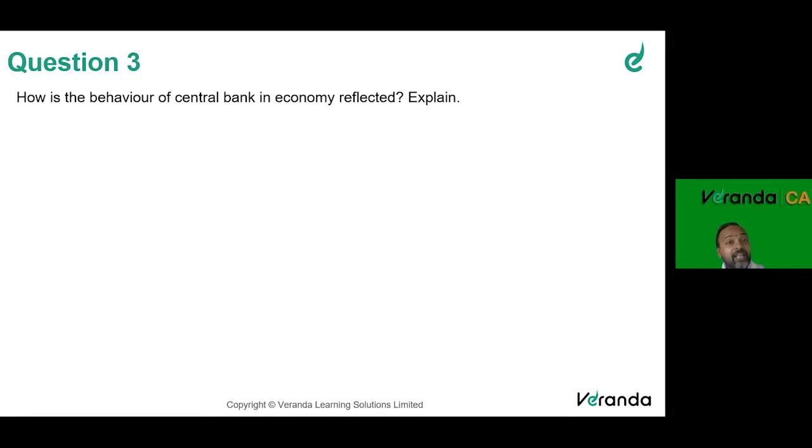For India, the central bank is the Reserve Bank of India, right? They act as a bankers' bank, and they act as a banker to the government also. Nowadays, even for the sovereign guaranteed bonds, RBI is responsible, and slowly they are not only acting as a banker to the government, but even with the public, for the direct investment or borrowings of the government, they are giving that sovereign guarantee.